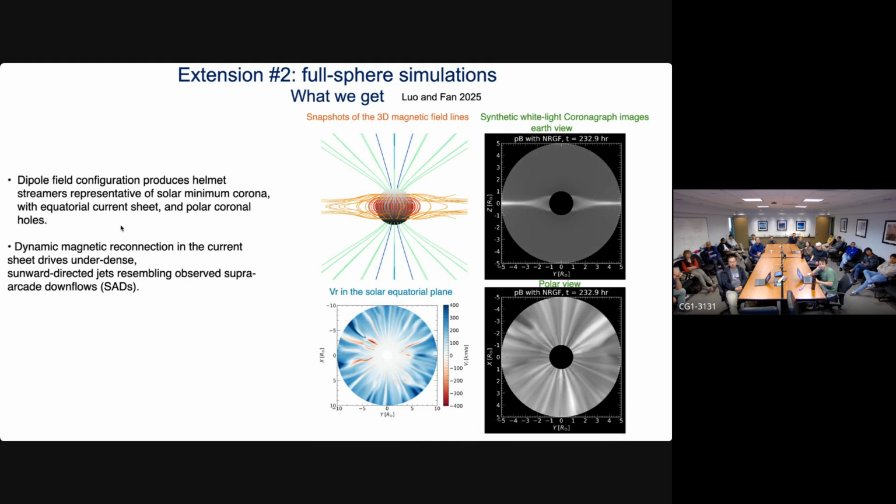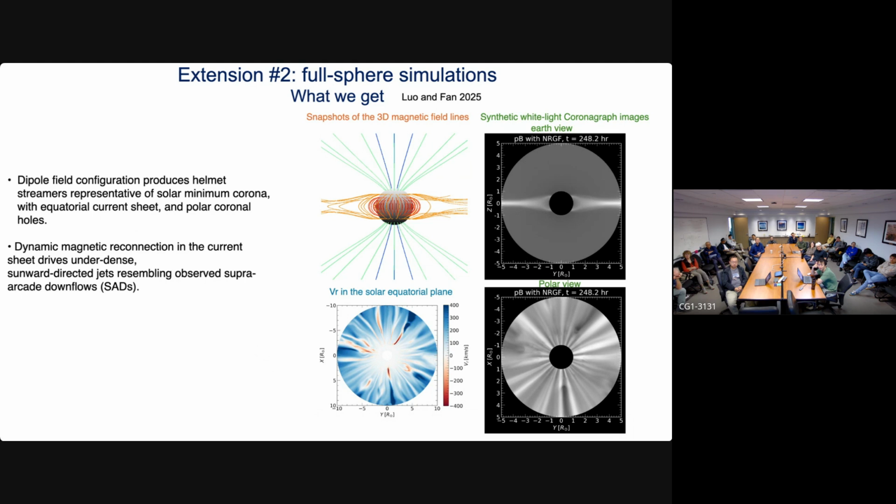From this simulation, we see the dipole field configuration produces a Helmet streamer representing the solar minimum corona, with the equatorial current sheet and polar coronal holes. We also see at the equatorial plane a very dynamic magnetic reconnection and current sheet that drives downward jets, resembling the so-called observed supra-arcade downflows, usually observed by soft X-ray and EUV observations.